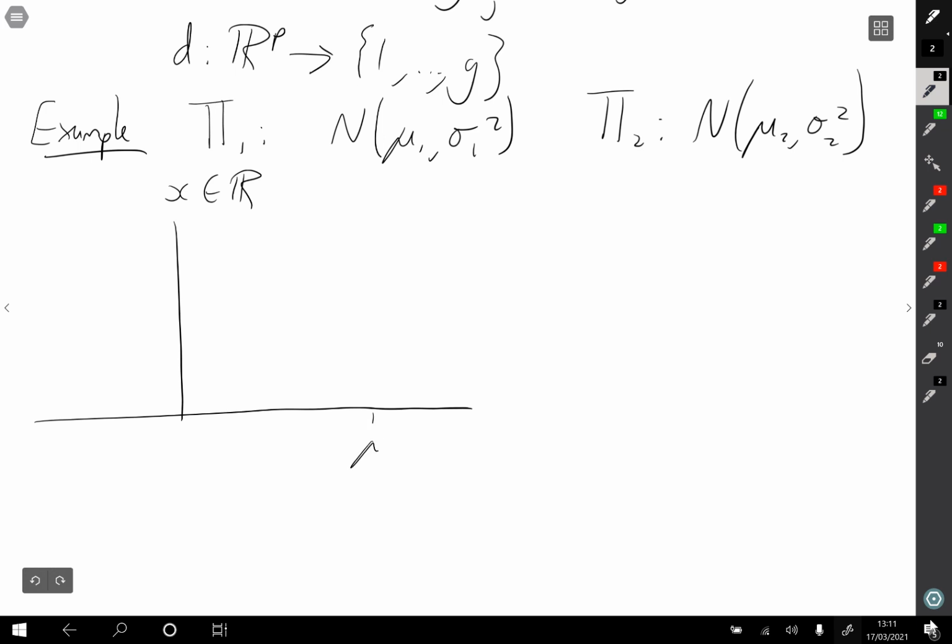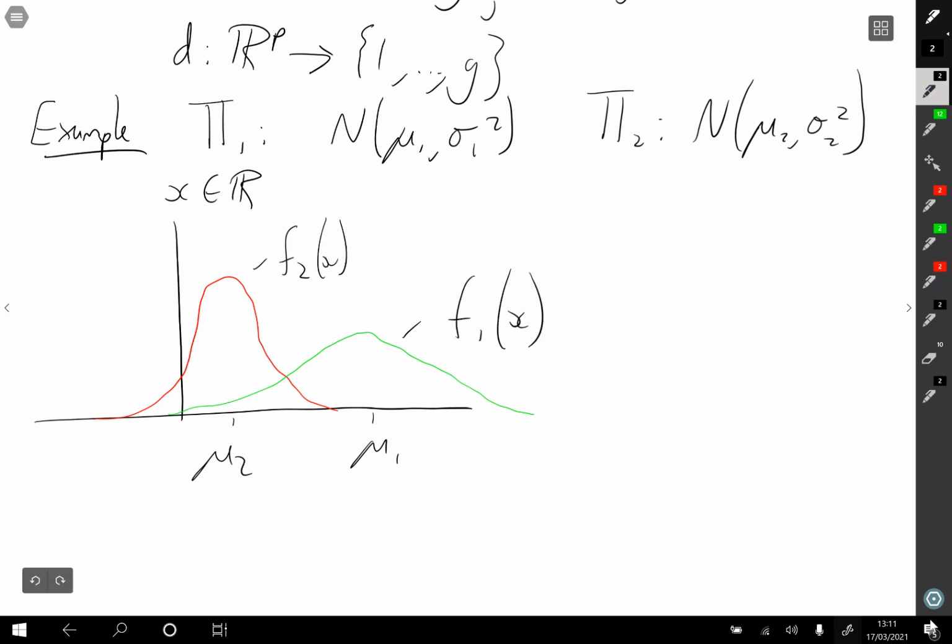If we've got mu1 here, say, and mu2 here, we've got one density centered around mu2, and another density centered around mu1 that has higher variance. It's a rubbish drawing, but that's the situation we're imagining. We've got two densities: this is the density f2 of x, this is the density f1 of x.